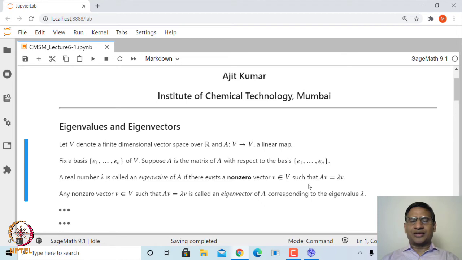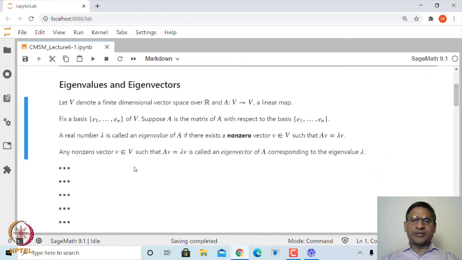That would mean that whatever lambda you take will turn out to be an eigenvalue. That cannot be the definition, right. And the non-zero vector v for which Av is lambda v is called an eigenvector corresponding to eigenvalue lambda of A. Next, let us look at how we can compute eigenvalues and eigenvectors using Sage Math.